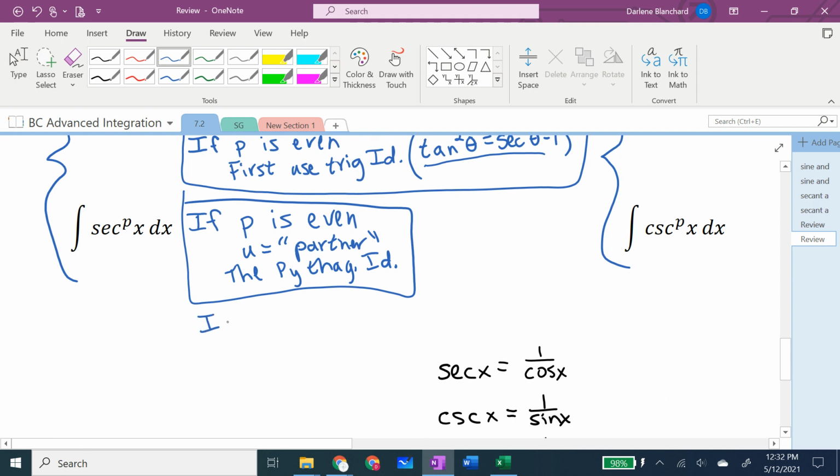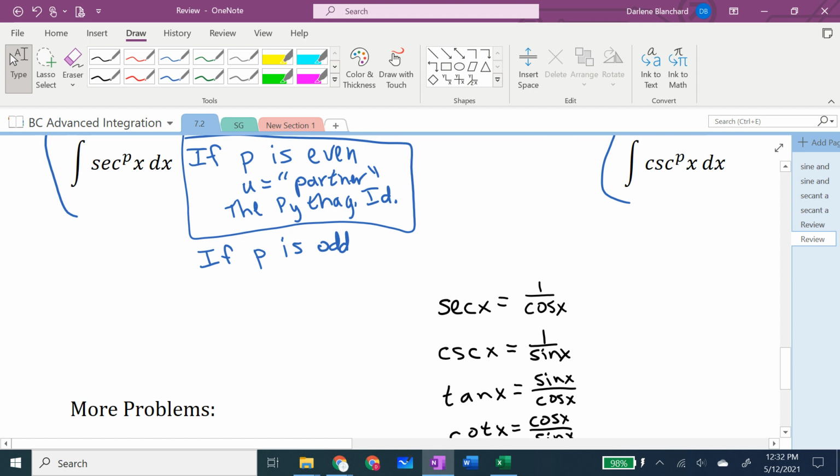Odd. If p is odd, I'm just going to say you're going to have to turn to integration by parts and have fun. It is the only one that you have to go to some other method. And that's as far as I'm going to say.